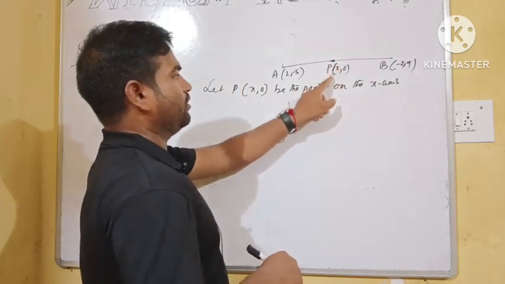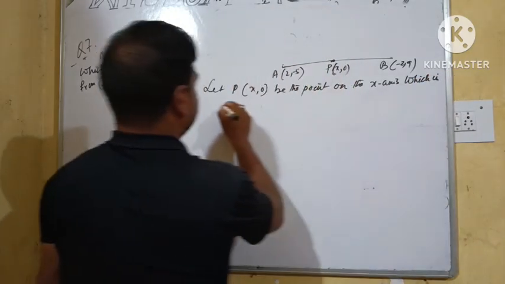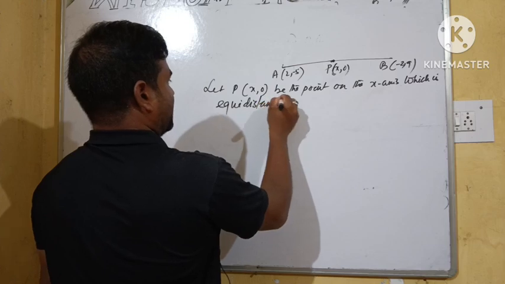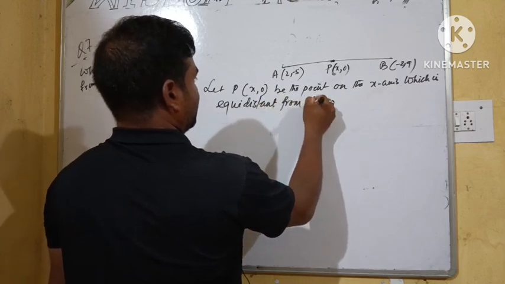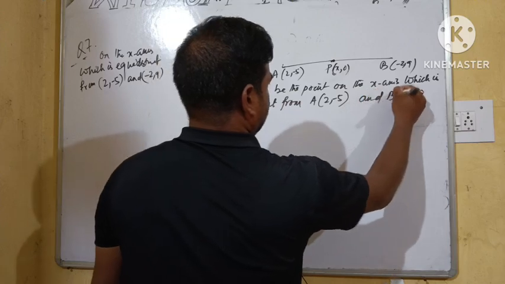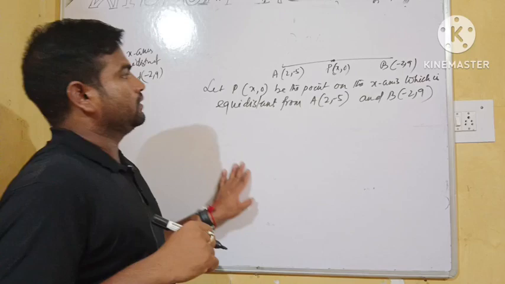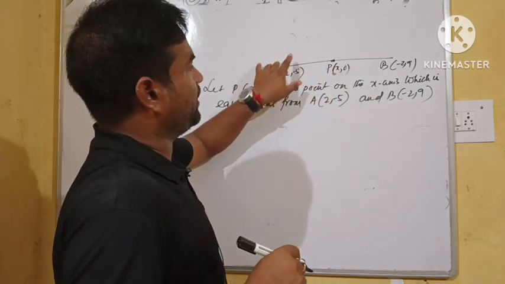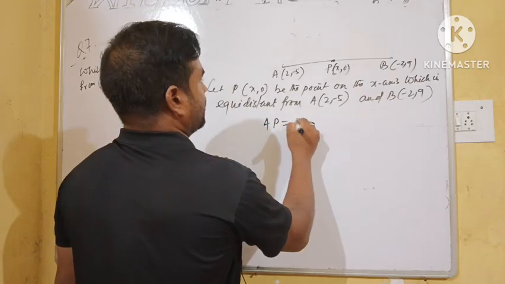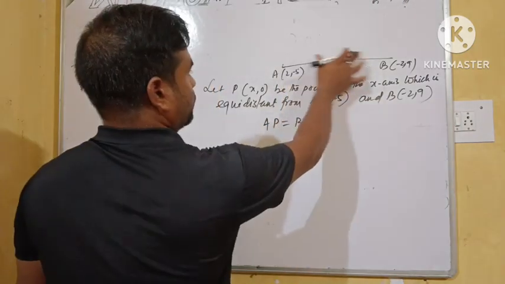P(x, 0) is the point on the x-axis which is equidistant from A (2, -5) and B (-2, 9). If P is equidistant from A and B, then AP is equal to BP. Write down, AP is equal to BP.